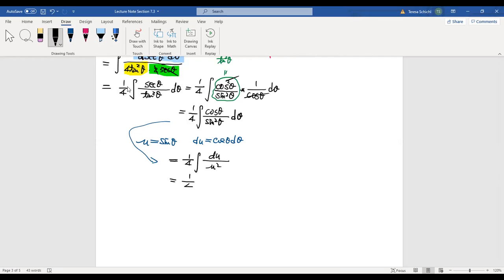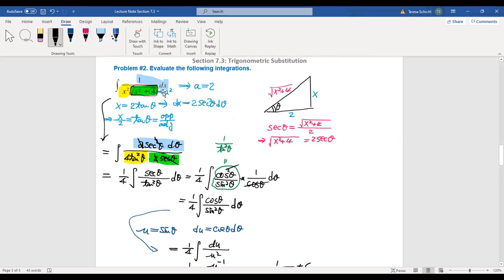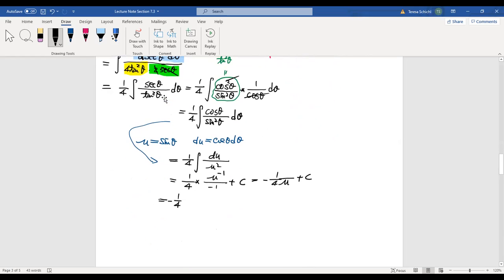Okay, so now this one is pretty easy to integrate. So this is 1/4, and u to the -2 integrates to -1 u to the -1, plus C, right? So in here we can say this is -1/4 u plus C, right? Now, because we are integrating x, we need to change everything back to x, right?